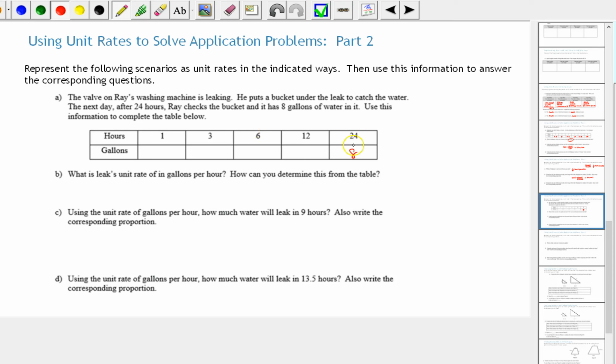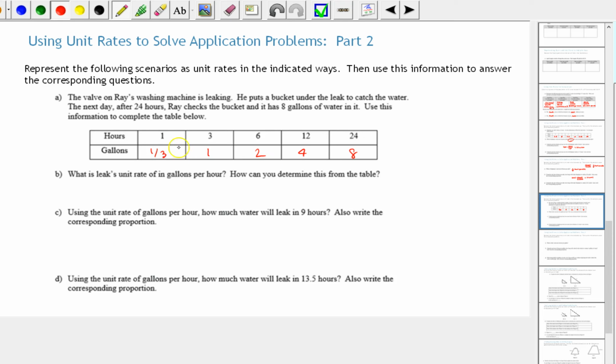In half the time it would leak half the amount. In half of 12 hours it would leak 2. In half of 6 hours, 3 hours, it would leak 1. And then when we get here, we could think of it as the gallons divided by the hours, or 1/3.